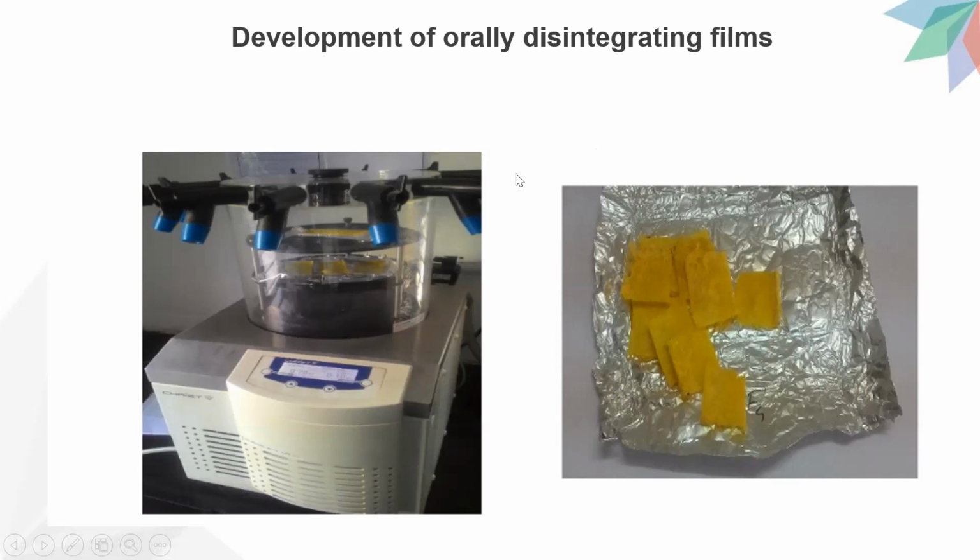Then, after pouring into a petri dish, it can be dried in an oven at a certain temperature. But freeze drying can also be used in the development of orally disintegrating film, especially for drugs or materials that are sensitive to heat. And these films are characterized by rapid disintegration in comparison with films prepared by the ordinary one.